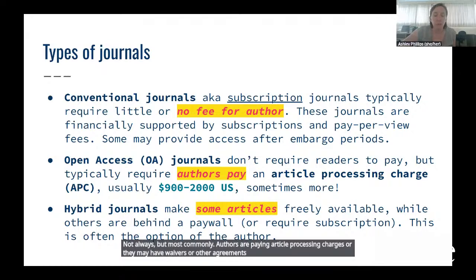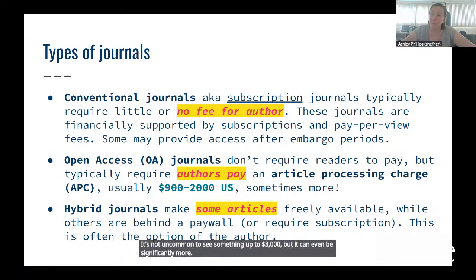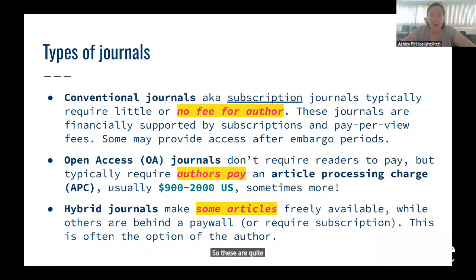You may see article processing charges abbreviated as APC, which can vary pretty greatly, but $900 to $2,000 is pretty typical. It's not uncommon to see something up to $3,000, but it can even be significantly more. So these are quite expensive fees, and we'll get to that a little bit later.